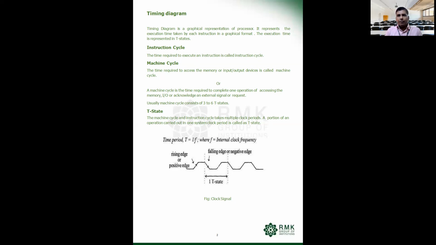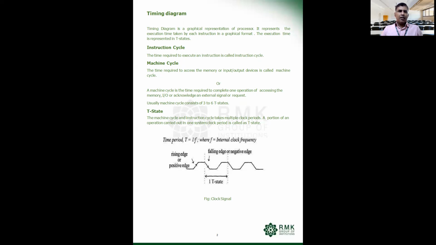How much time the processor takes to access that input-output device, or go to the memory, fetch it, come back and do the required operation, is called the machine cycle. These were the typical terms we use in order to understand the timing diagram of the 8085 processor.